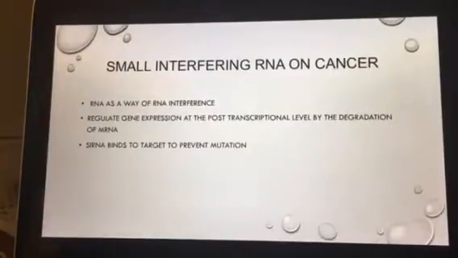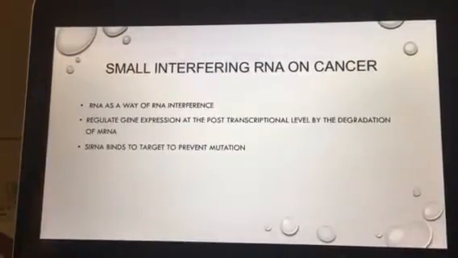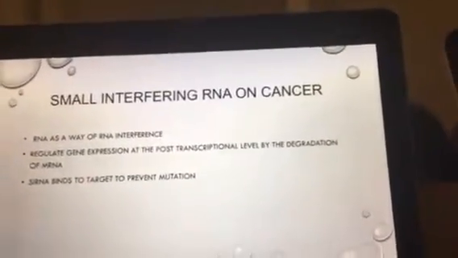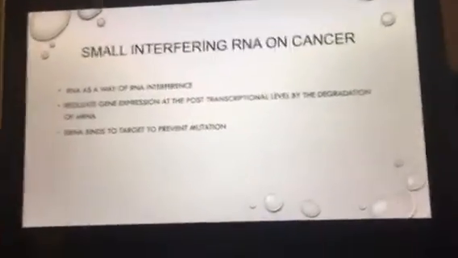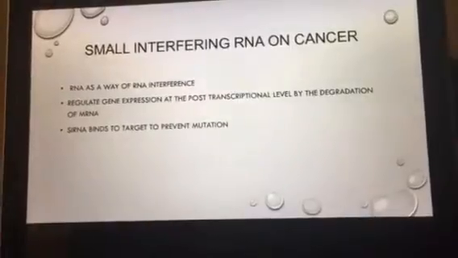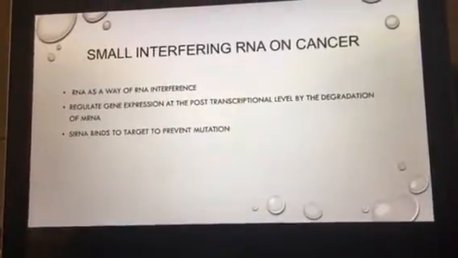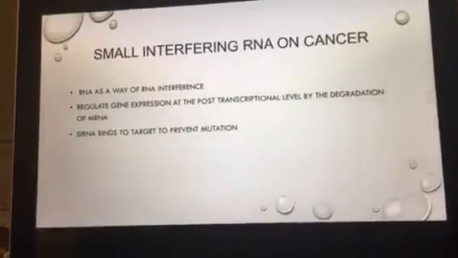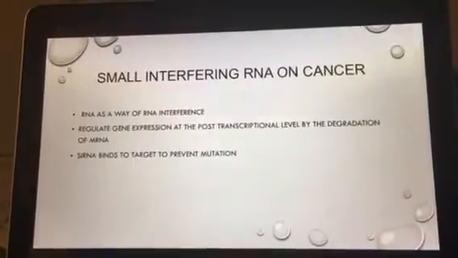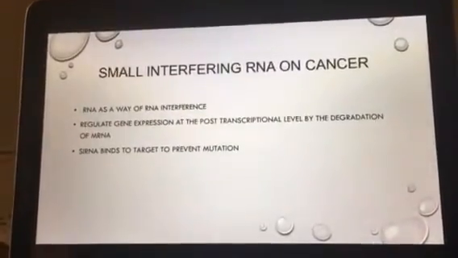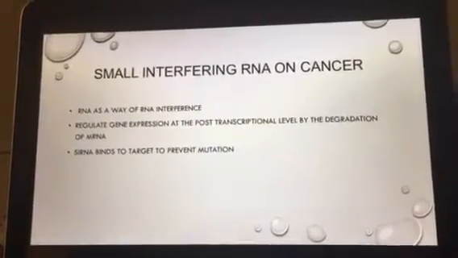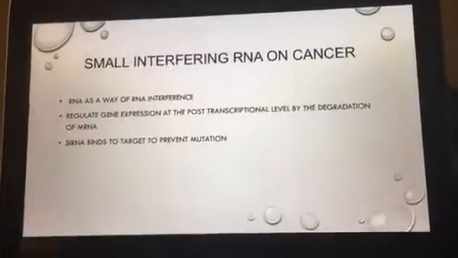So if siRNA prevents mutations, as in the case of the P53 gene and the E-cadherin protein, which is coded for by a specific gene, which we said was CDH1, then the E-cadherins are actually able to perform their functions as tumor suppressors. And when they do this, it would prevent the invasion of nearby tissues by cancerous cells, because the E-cadherins would allow the adjoining cells to attach to each other more tightly.